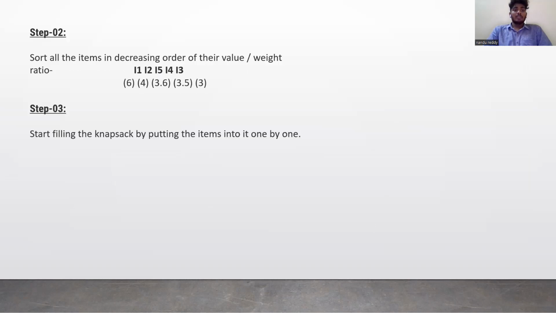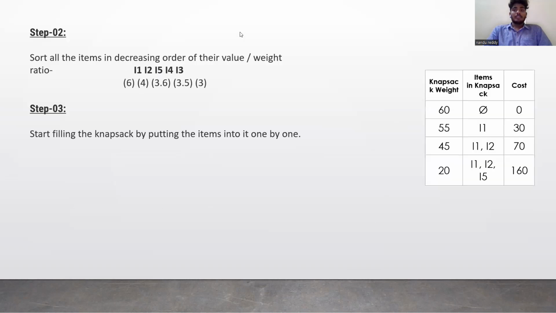Start filling the knapsack by putting the items in one by one. The knapsack is 60, and the items in the knapsack cost 0. Item 1 inserted gives 30, item 2 inserted gives 70, item 5 inserted gives 160.